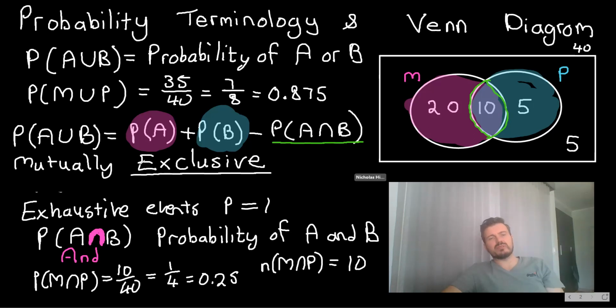But mutually exclusive events means that you can't be one and the other at the same time. So, for example, heads and tails on a coin. You can't throw heads and tails at the same time. You either throw heads or tails. So they're mutually exclusive because they don't overlap.